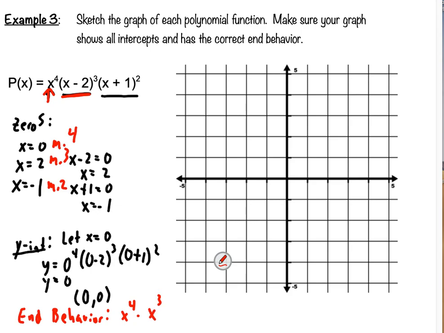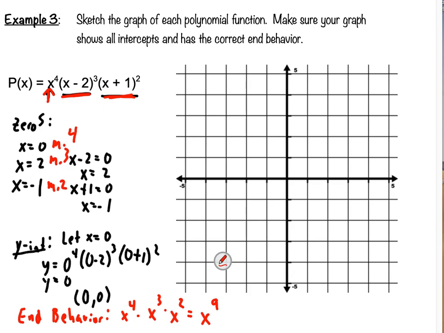So the highest power of x there is going to be x to the 3rd. And then the next one here, x plus 1 to the second, that means x plus 1 times x plus 1. If you were to fold that out, the highest power of x in there would be x to the second. So I've got x to the 4th times x to the 3rd times x to the 2nd. Remember, you add those powers, and we get x to the 9th.